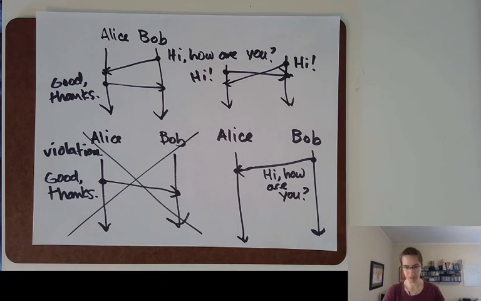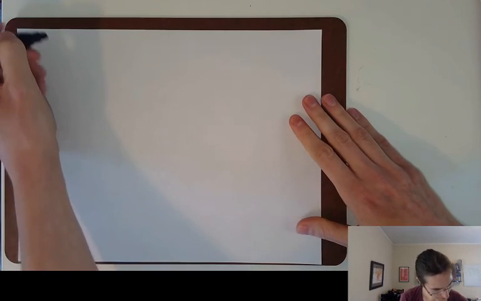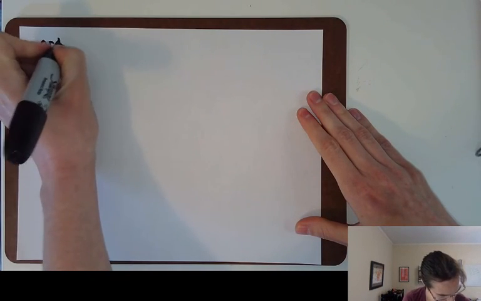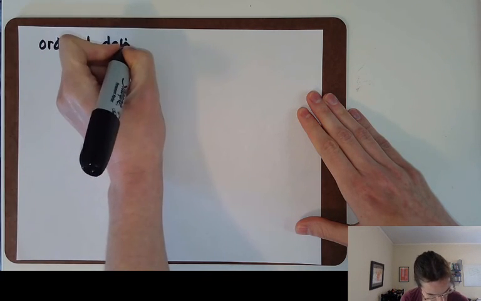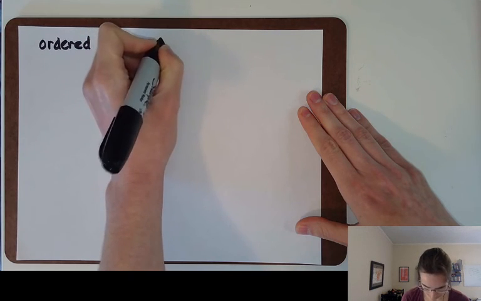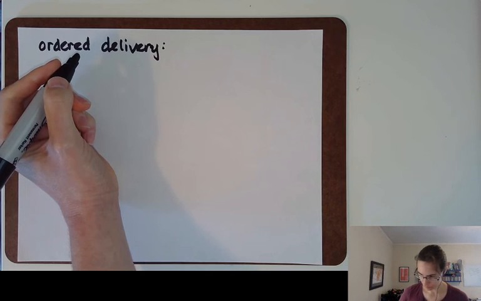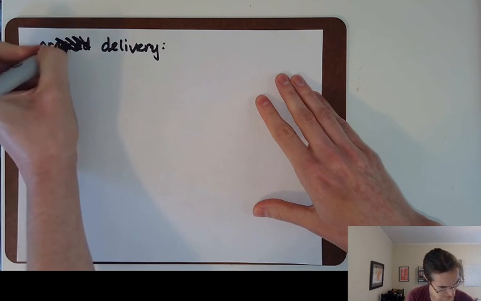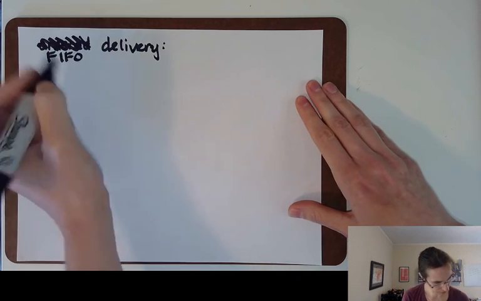So let's see an example of that really quickly. Here's a particular correctness property. Actually, I'm going to call it FIFO delivery.